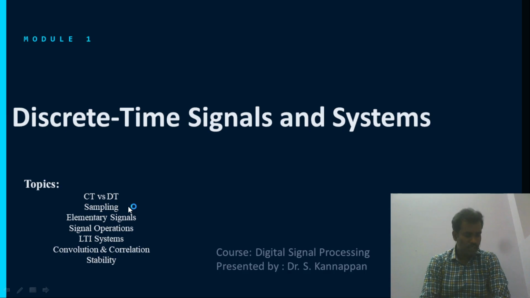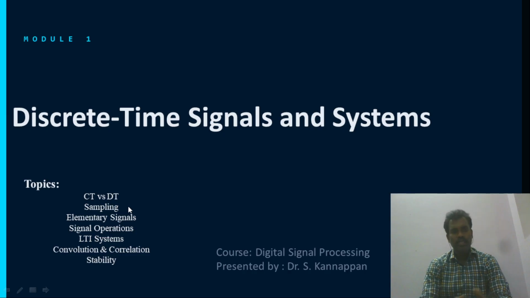In finding the output of an LTI system, the main important operation is convolution, followed by a relevant mathematical operation called correlation.